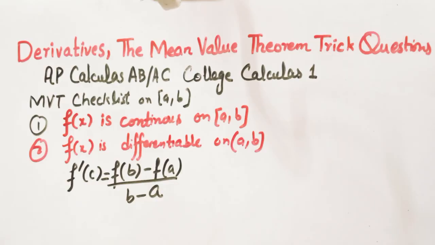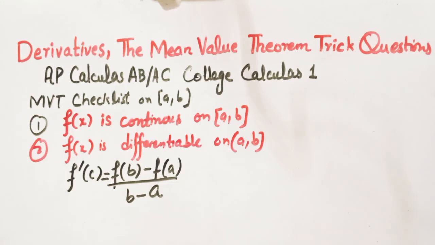That means no sharp corners. If both boxes are checked, MVT guarantees that there is at least one point, let's call it c, where the instantaneous slope, the derivative, is perfectly equal to the average slope across the entire interval.